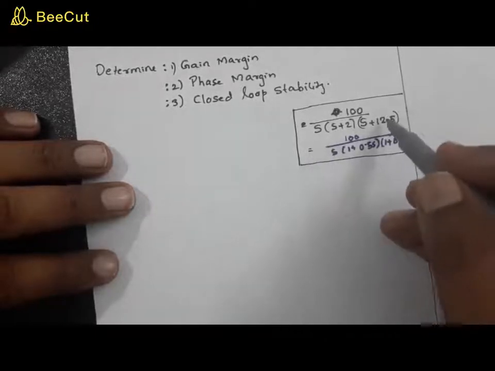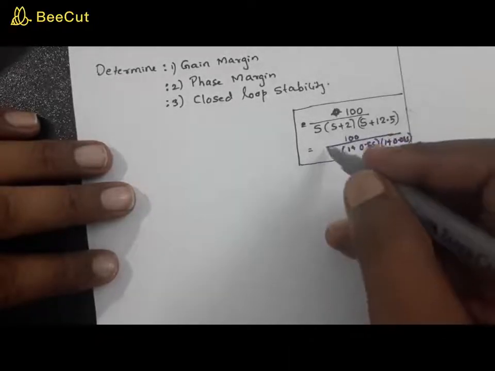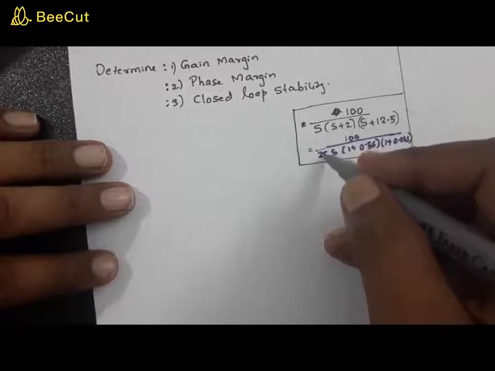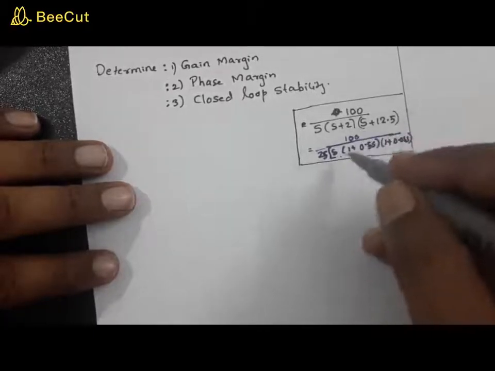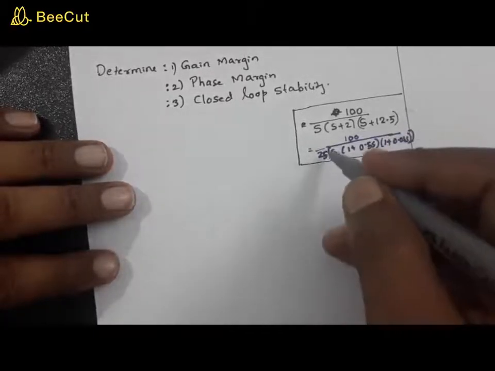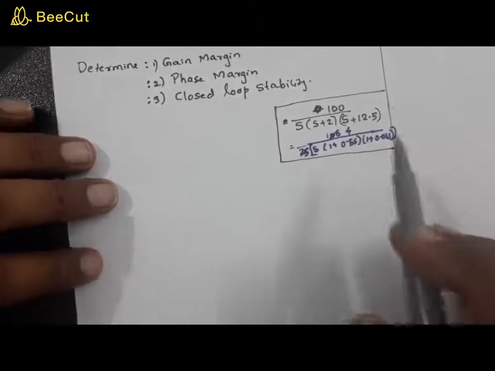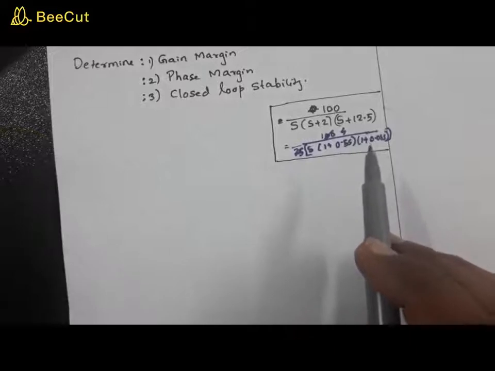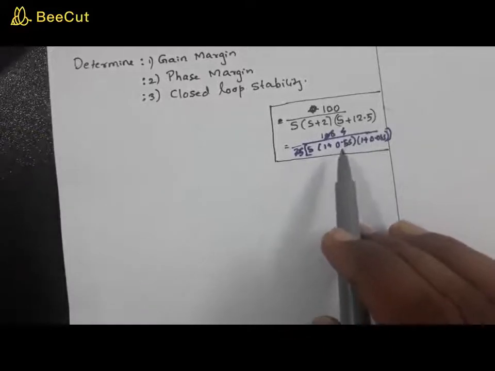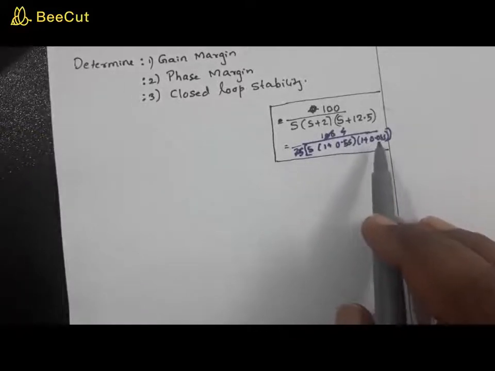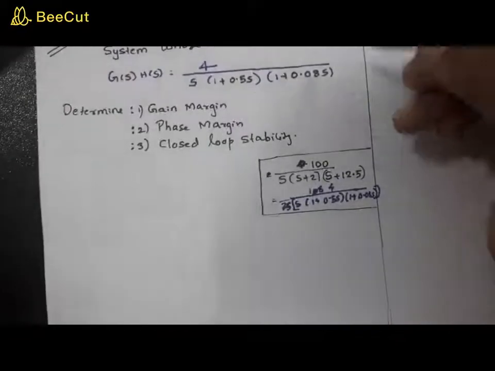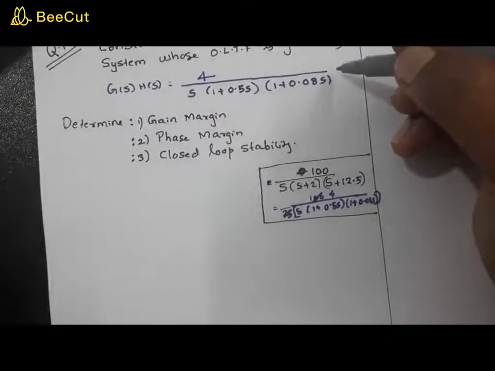You have taken 12.5 into 2, that means this is 25, right? 12.5 into 2 gives you 25, or when you do the cancellation, you will get this as 4 divided by S into 1 plus 0.5 S into 1 plus 0.08 S, which is exactly the same question.